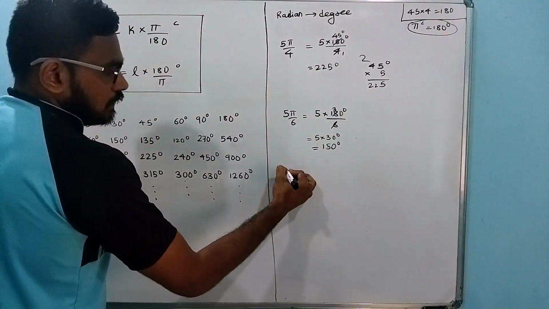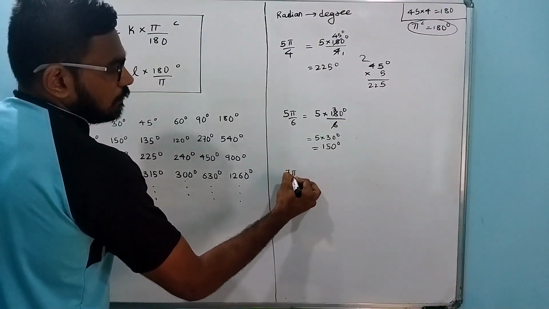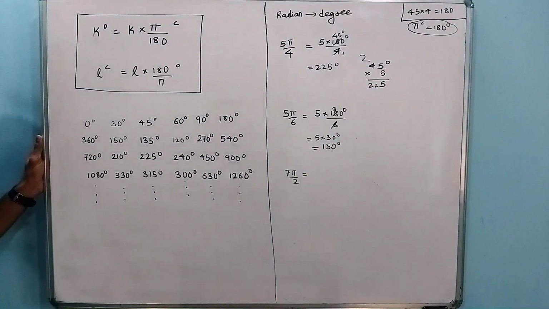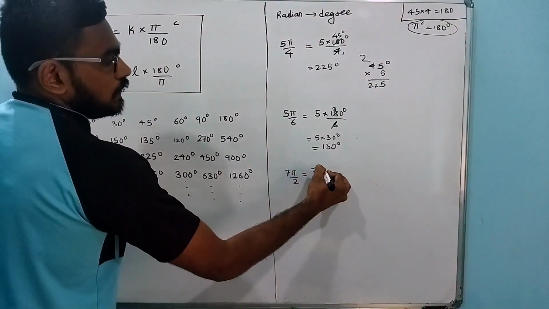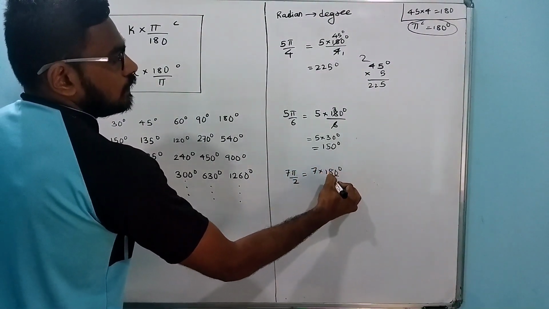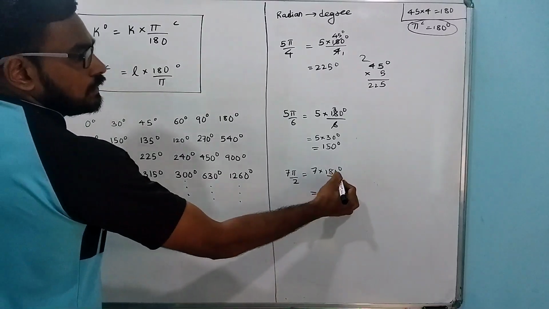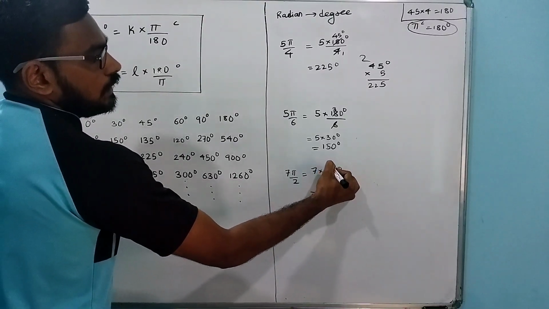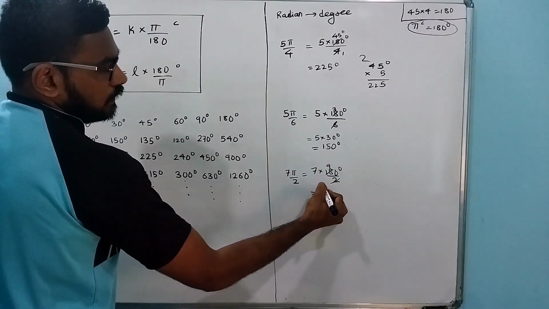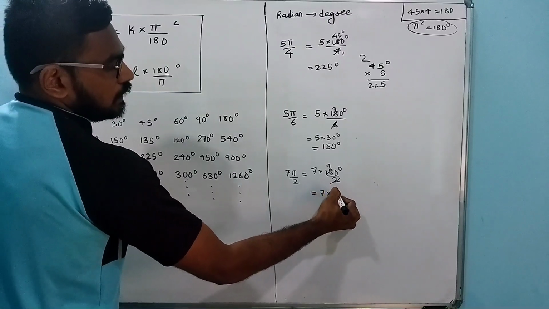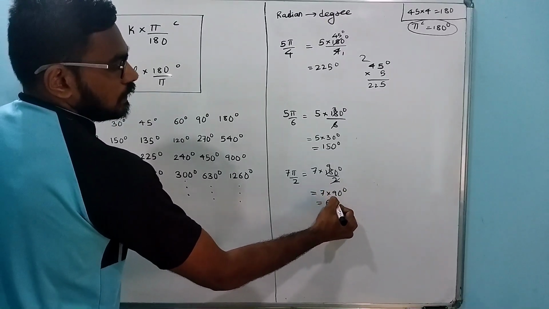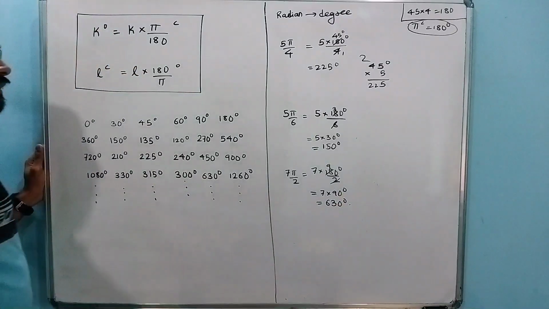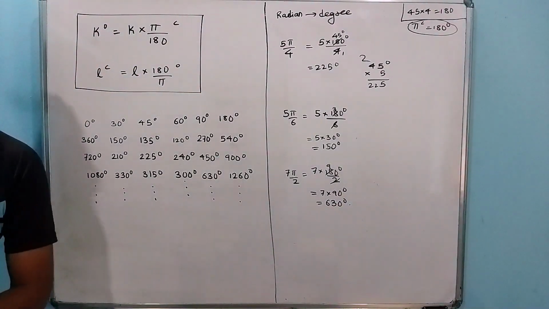One more. 7 pi by 2. So 7 into 180 degree upon 2. So this 2, 9s are 18, okay, 90, 7 into 90, 630 degree, like this. Okay.